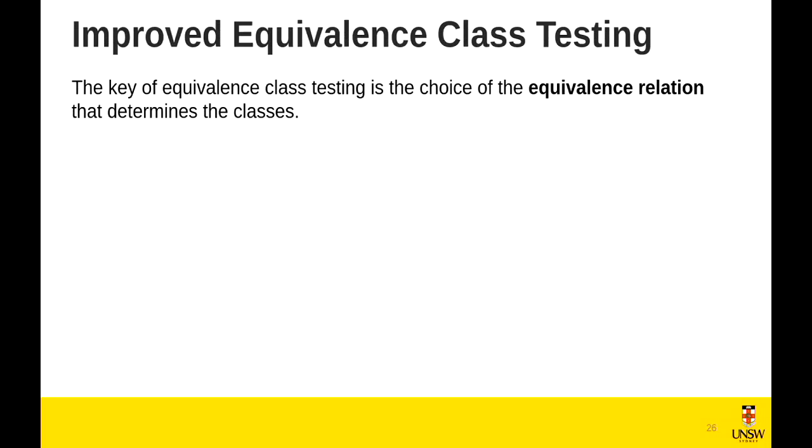And nowadays we have improved equivalence class testing. So in improved equivalence class testing, what is improved? You may wonder. What we improved is the definition of the equivalence relation. In the old days, we only considered all the valid inputs as equivalent, and all the invalid inputs as another equivalence class.